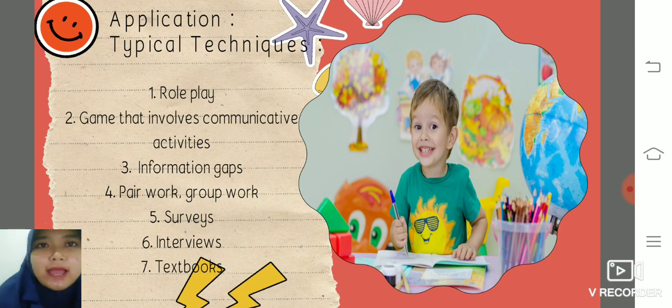And next, application: typical techniques. 1. Role play. 2. Games that involve communicative activities. 3. Information gaps. 4. Pair work, group work. 5. Surveys. 6. Interviews. And 7.